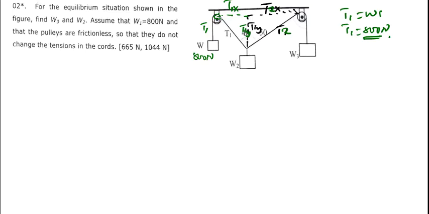At the same time, we should also take note that this is T2 and then we have W3. So if I find T2, it's the same as finding W3. Simple, right? So it will be the same actually. The summation of forces in the x direction, I've got T2x minus T1x, and this will be replaced by 0.